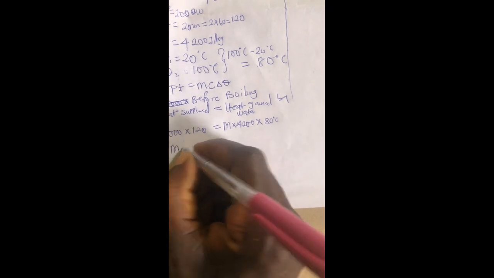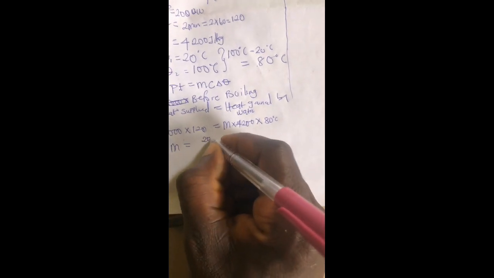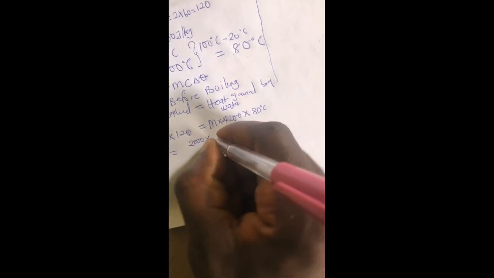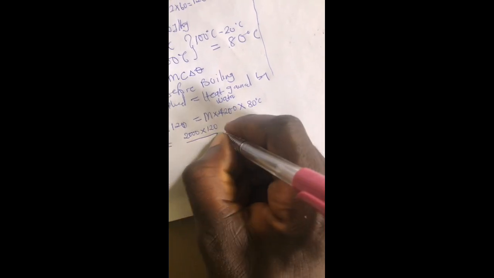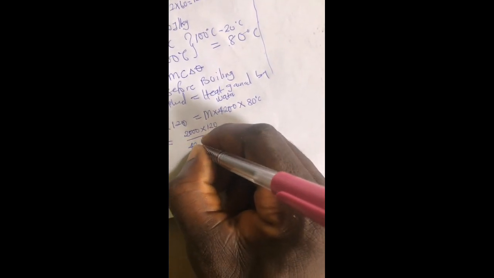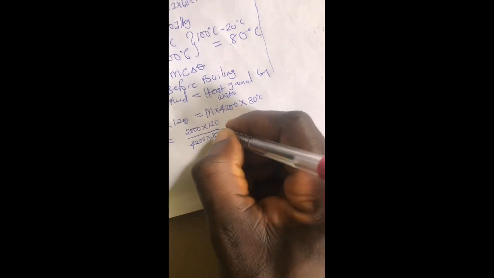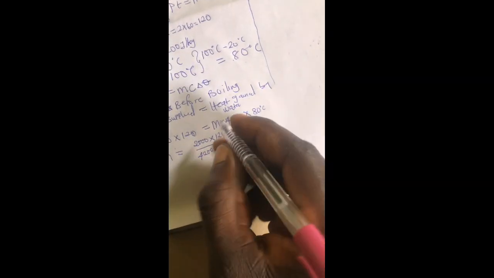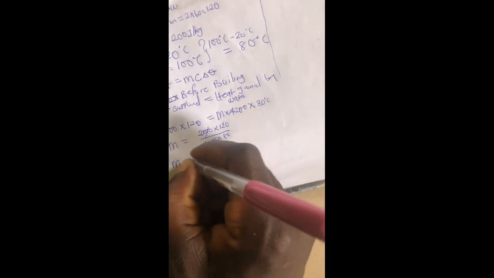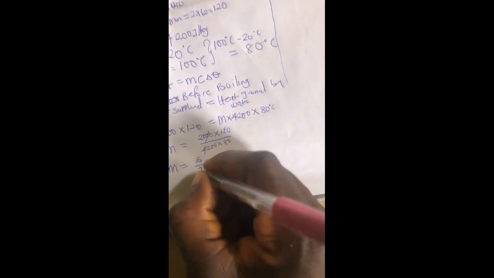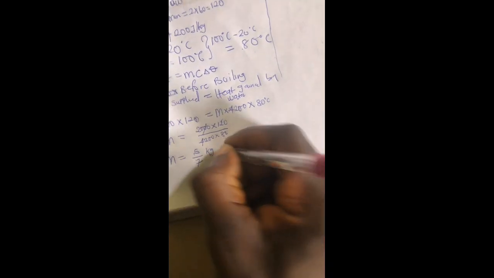I've already established this, so I believe it's clear. m will be equal to 2000 times 120 seconds all over 4200 times 80 degrees Celsius. If you now play with this and do your math very well, m will be equivalent to this. If you divide it, you have it in fractions, but I just prefer to keep it this way. You can check your calculator, and then you have to determine the specific latent heat of vaporization.